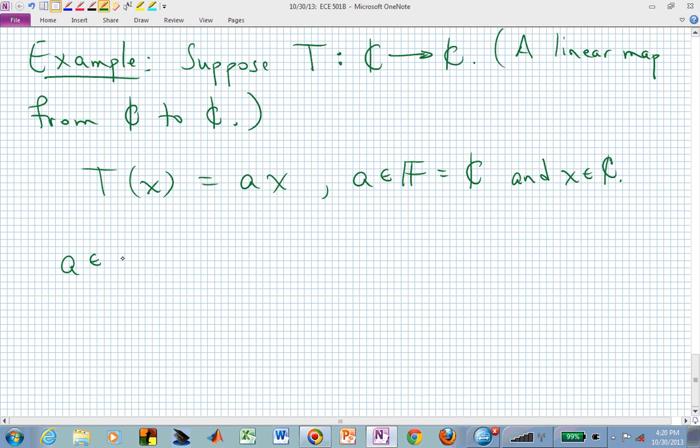You could think of A, and this is what a lot of times students get a little bit uncomfortable with, but A is a matrix, isn't it? It's a one-by-one matrix. A is a scalar, but you could also think of it as a one-by-one matrix. A is complex, but A is a scalar, but yet you could think of it as a one-by-one matrix. It's a complex scalar, or it's a complex one-by-one matrix.